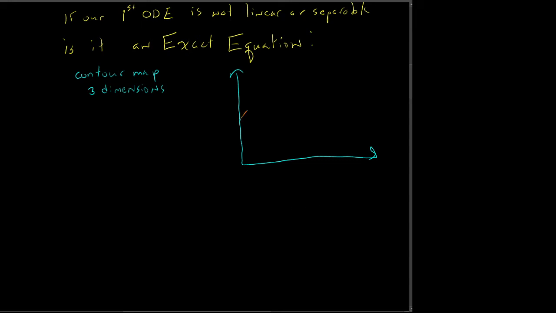I think your textbook talks about it as isotherms on a weather map. I tend to think of it as contours because I did a lot of hiking on a contour map, except that these don't need to close back in on themselves. We're in a localized area, and we have these curves that everywhere along one of these curves, everywhere here, is some constant value.